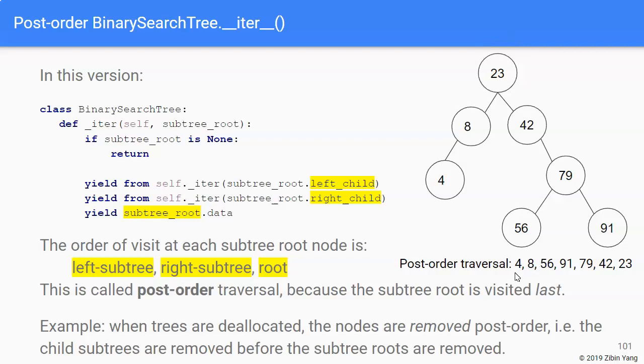And if you look at the post-order traversal here, that's basically the order in which we want to remove each of the nodes during a deallocation or removal of a tree. So that concludes the discussion of in-order, pre-order, and post-order.